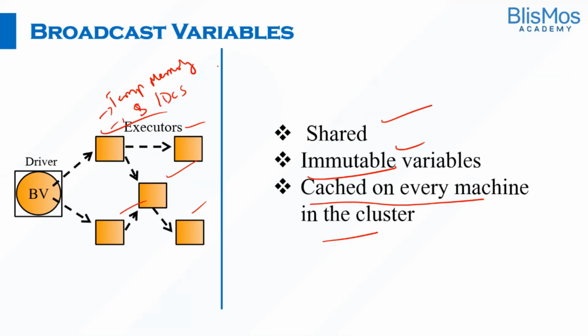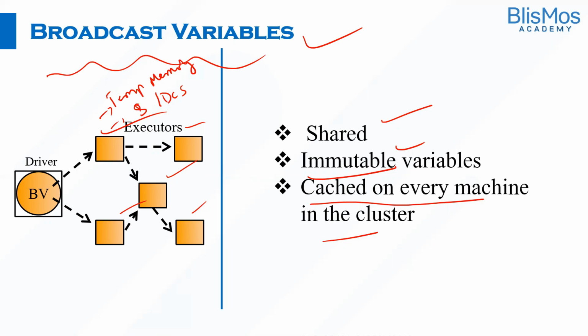That is why whenever you have a variable within the function enclosure which is big enough, like a lookup table or any machine learning model, it is better to use the broadcast variables. It saves a lot of time. It will be the most efficient way of sending a variable to the different worker nodes in a cluster.